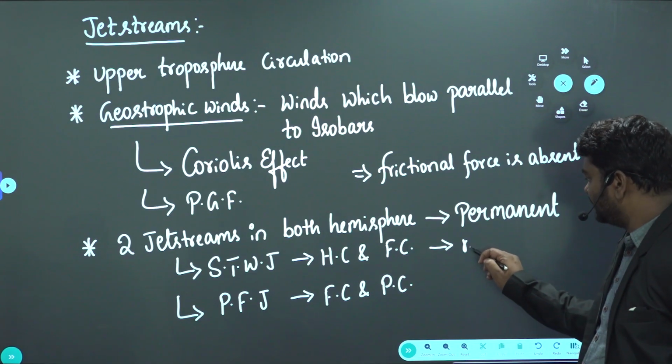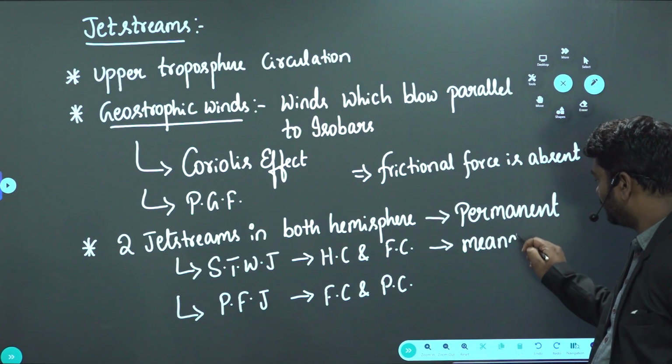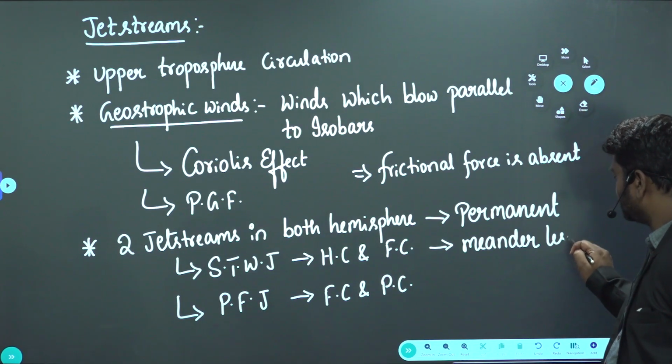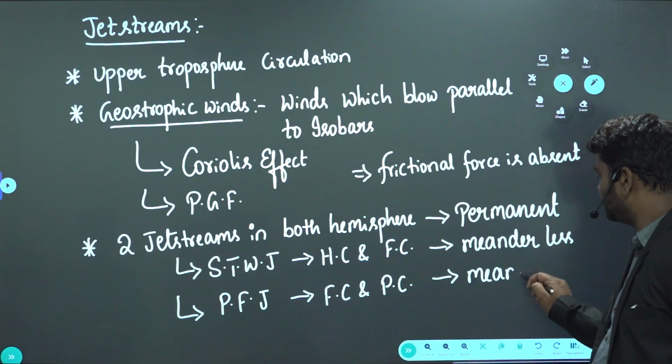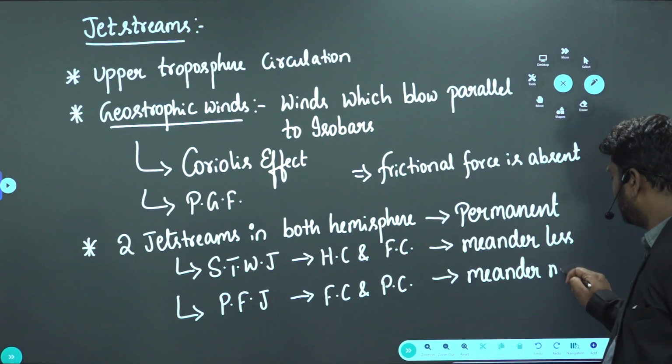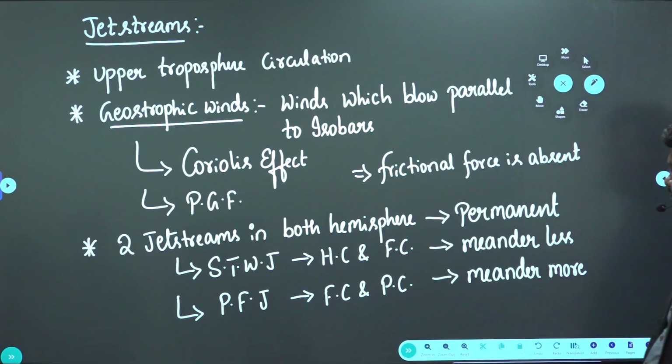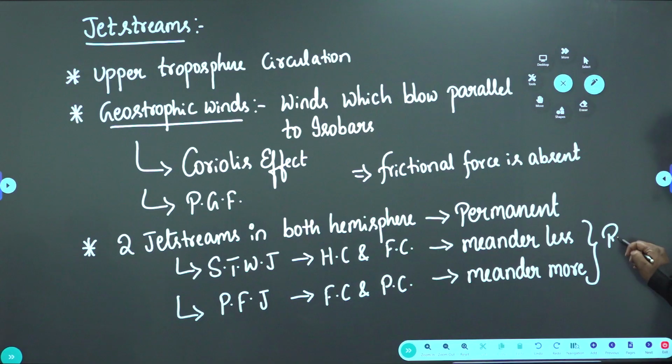The subtropical westerly jet stream meanders less. The polar front jet stream meanders more. Meandering will be more for the polar front, and whenever jet streams meander, they are known as which waves? Rossby waves.